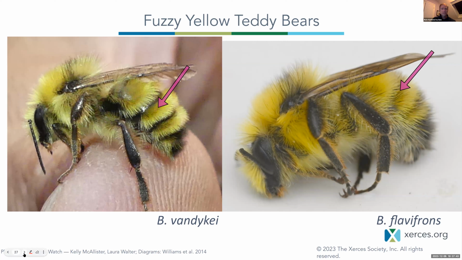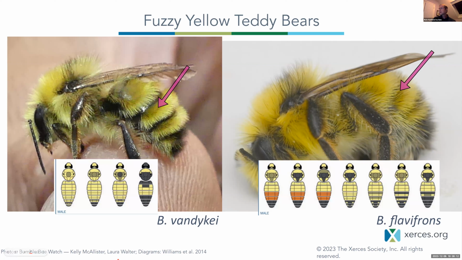Bombus flavifrons has a longer cheek than Bombus van Dijkii, but for the most part, this is the character we are looking at with these two species. Their ranges are somewhat similar as well, so not a great distinguishing factor either, except when we get much further east than most of the people on the webinar today. Then Bombus van Dijkii drops out of the picture.